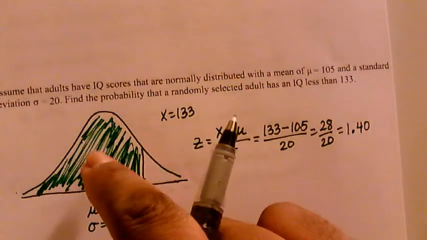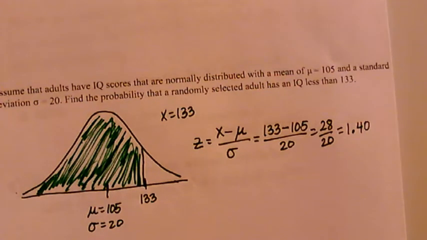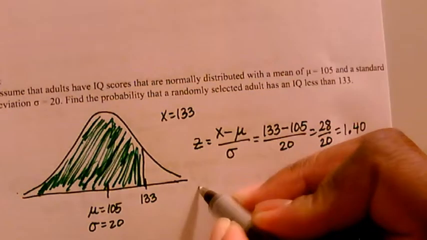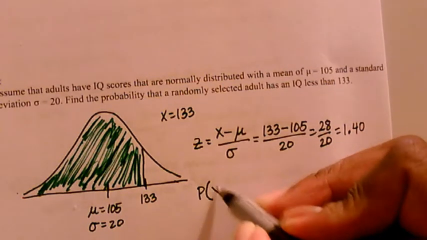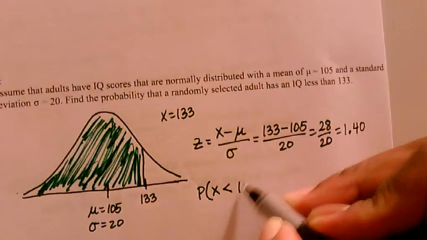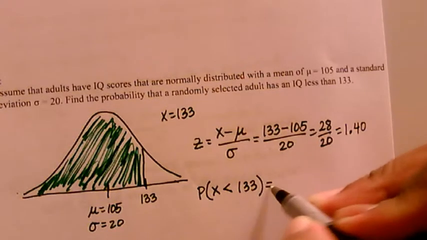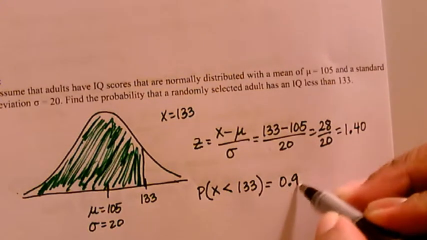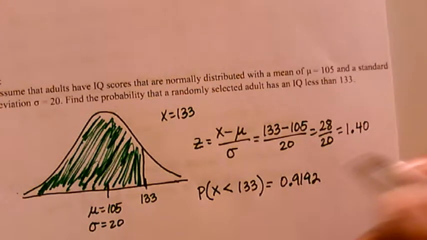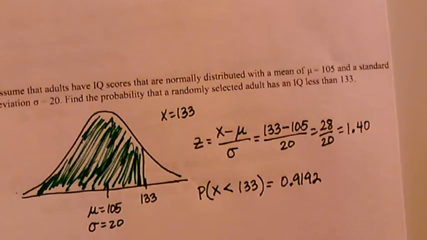Okay, and that represents this area to the left. So the probability that x is less than 133 is going to be 0.9192. Now, to interpret this, the probability that a randomly selected adult has an IQ less than 133 would be 0.9192.